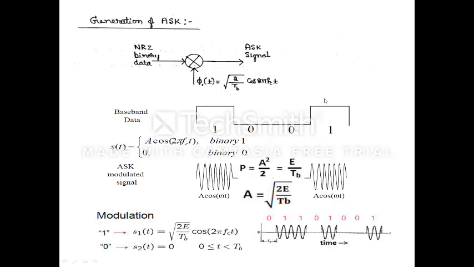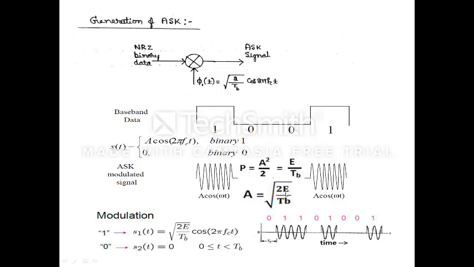P is equal to E divided by Tb, where Tb is the bit duration. We can write E is equal to P into Tb, or A is equal to square root of 2E divided by Tb.